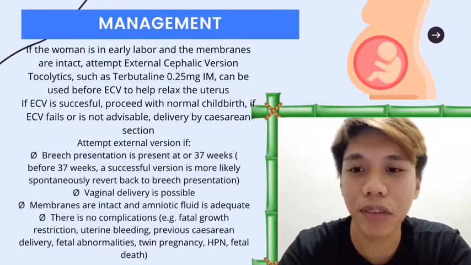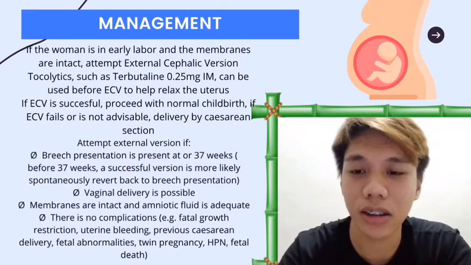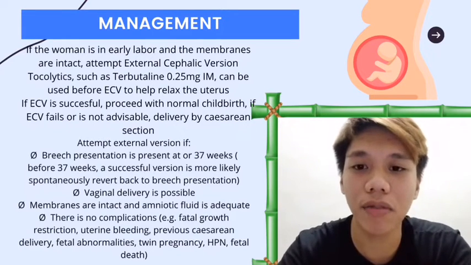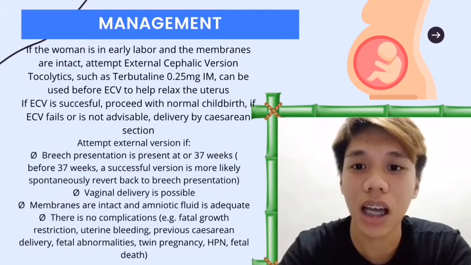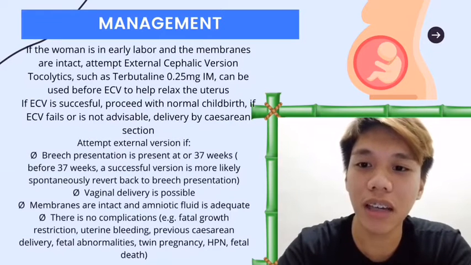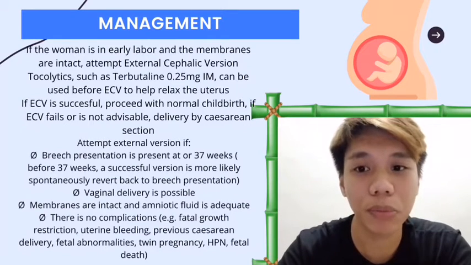If ECV is not advisable, deliver by cesarean section. Attempt external version if breech presentation is present at or after 37 weeks. Before 37 weeks, even a successful version is more likely to spontaneously revert back to breech presentation.